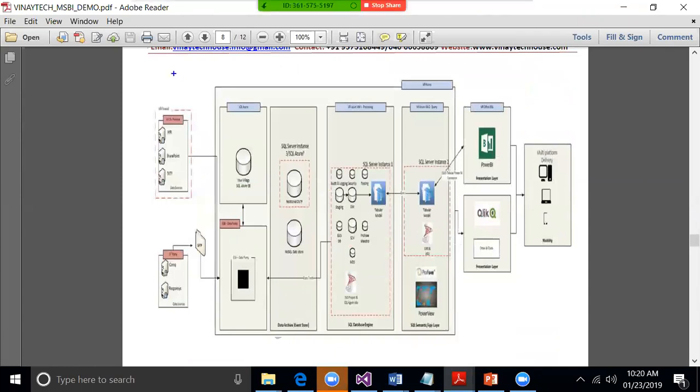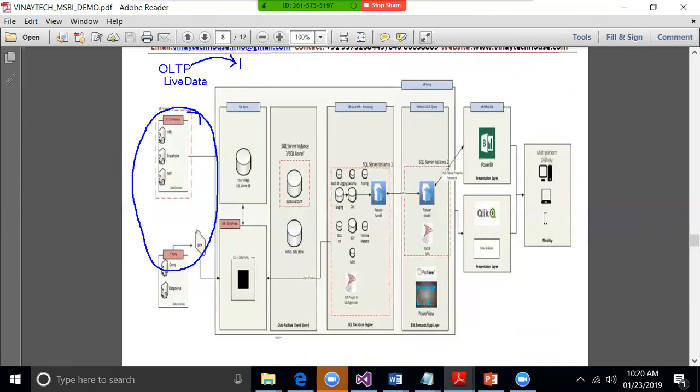What I explained: these are source systems, and we call them OLTP systems, where we have live data. From there, we move data into another area. This is a stage area.